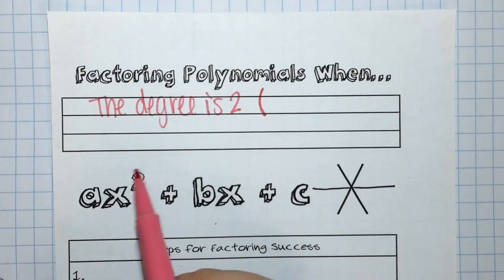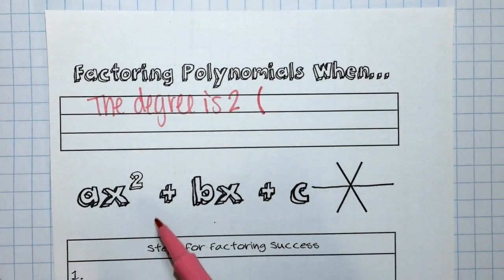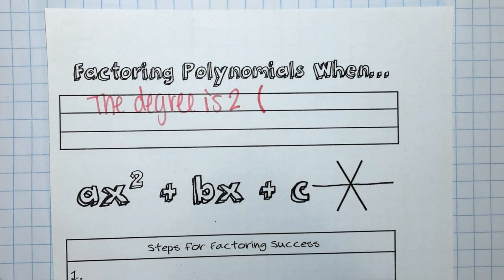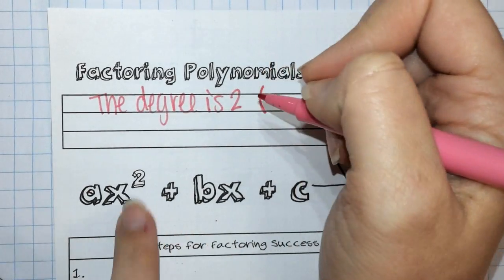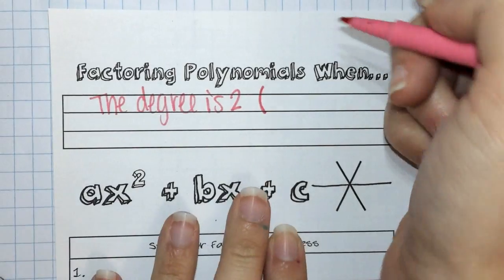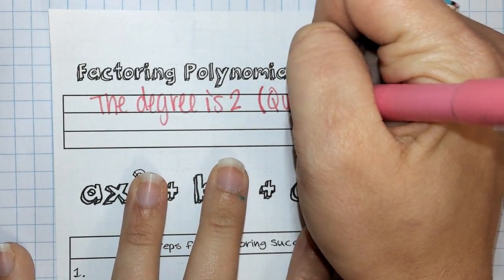Well, if it looks like this, and that's our only 2 in here, what is that? It's an exponent. And is it the biggest exponent? Yes. So, when the degree is 2, or the highest exponent is 2, that's what we're going to be factoring. And this has a special name called a quadratic.